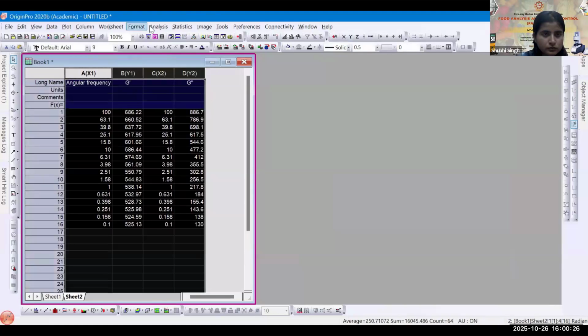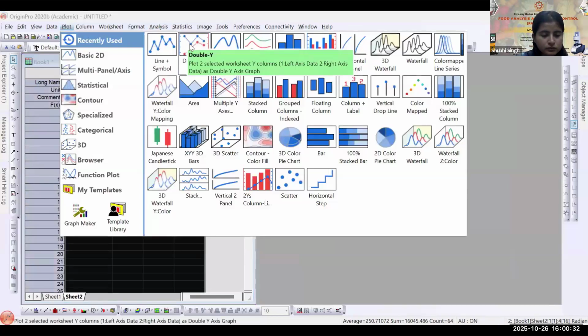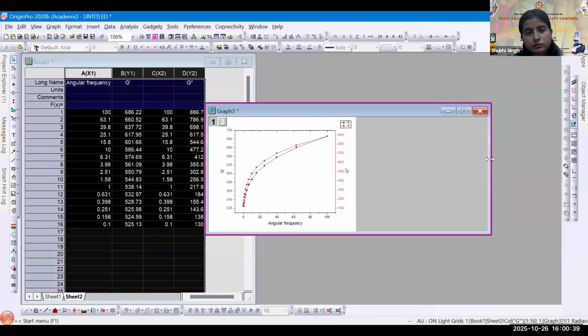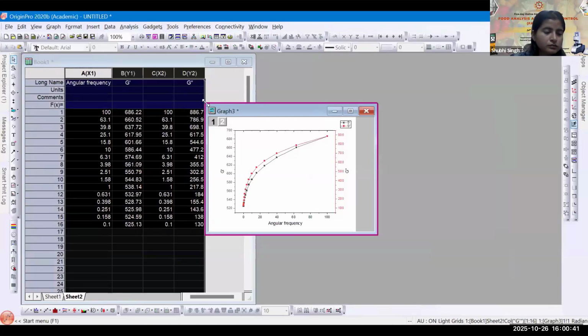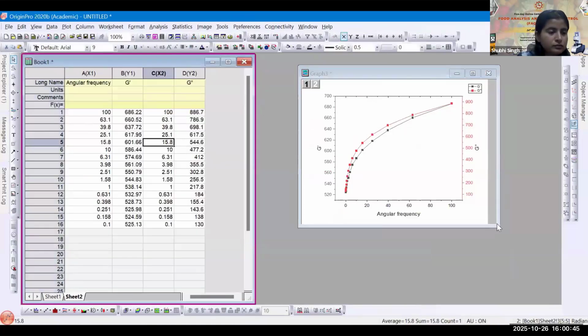I will select it, go to the plot menu, and here you can see a double Y option. You can just click on it, and here you can see both of these curves are now plotted in the same graph.